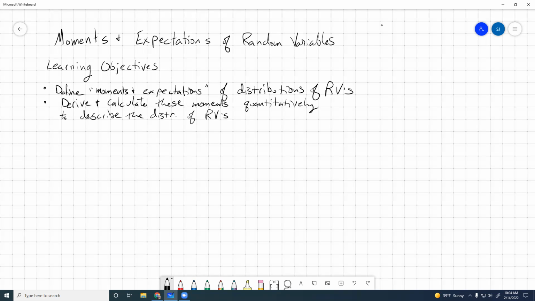And the idea behind that, and we'll talk about it, is the central tendency or central value, like a mean or a median, and the spread, like standard deviation. And then ultimately, and we might not get to this today, it might be on Wednesday, we'll compare the moments of PDFs.